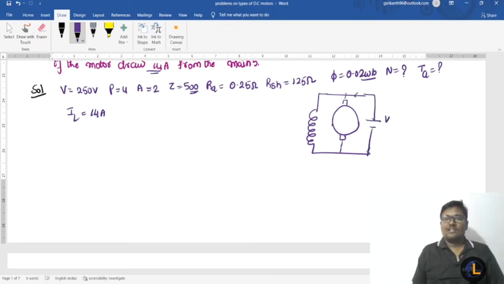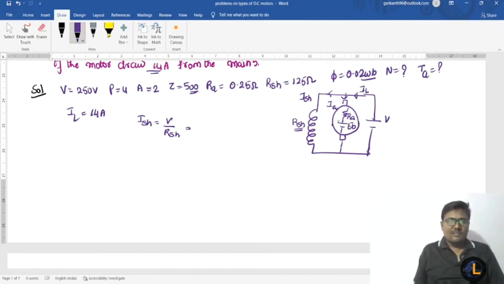This is V, IL, Ia. The current flowing through the shunt field winding is Ish. The shunt field winding resistance is Rsh. Internal resistance is Ra. Back EMF is Eb. So directly I am writing Ish is equal to V divided by Rsh.